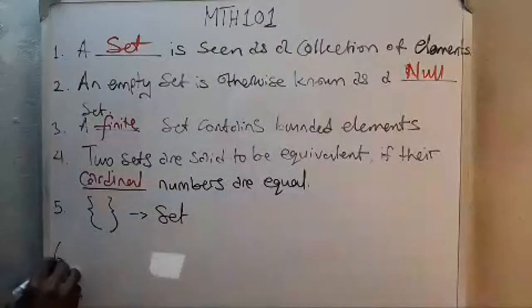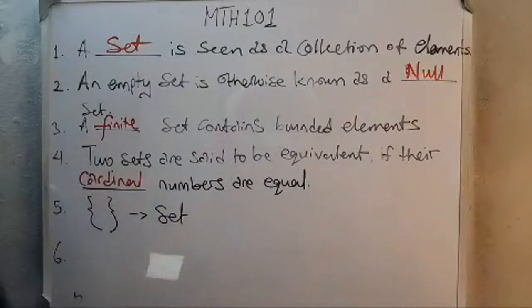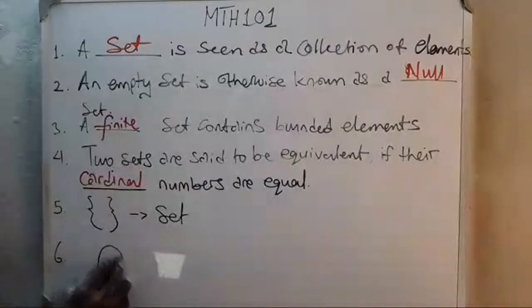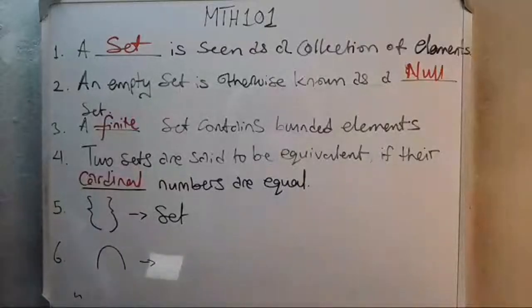Okay, so we have question 6. This symbol in set theory represents dash.